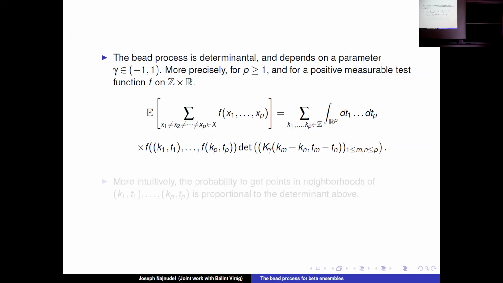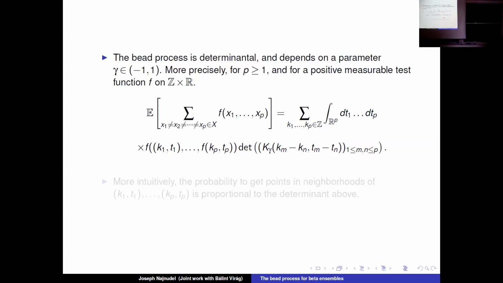In fact, the bead process is determinantal, and it depends on some parameter. Here I take a positive measurable test function, and I sum over all p-tuples of distinct points. And here I get an integral with some density given by this determinant.